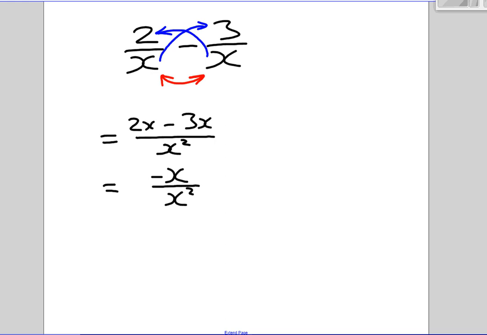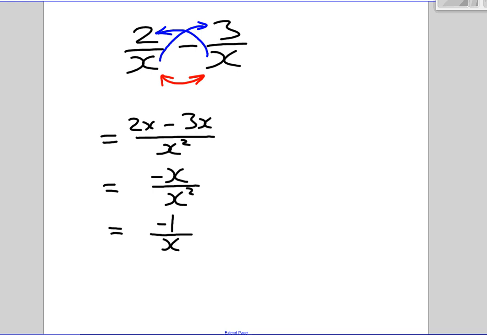And we might have spoken about cancellation in a previous lesson, or not. So 2 take away 3 is negative 1. I'll get negative 1x, or just negative x over x squared. But the thing is, we can cancel here. We can cancel a single x from top and bottom. So negative x divided by x is just negative 1, and x squared divided by x is just x.